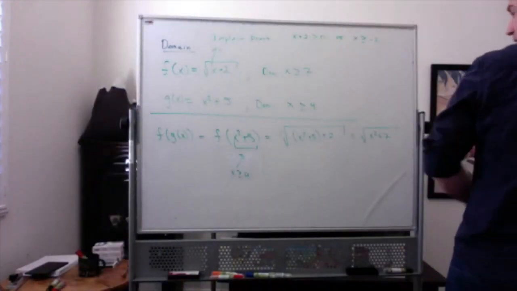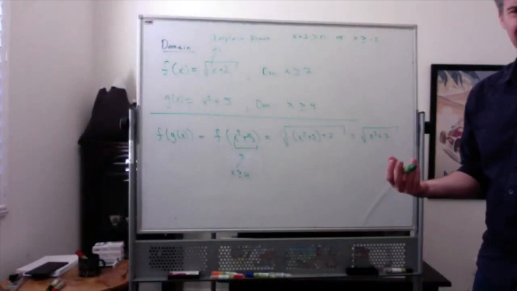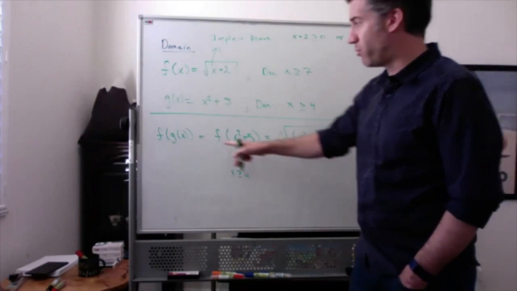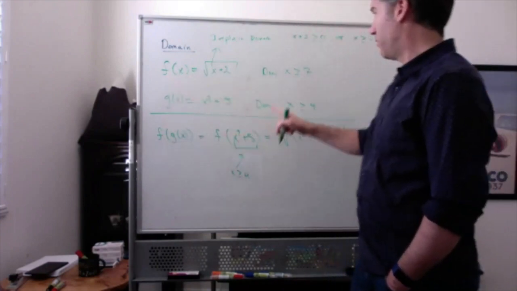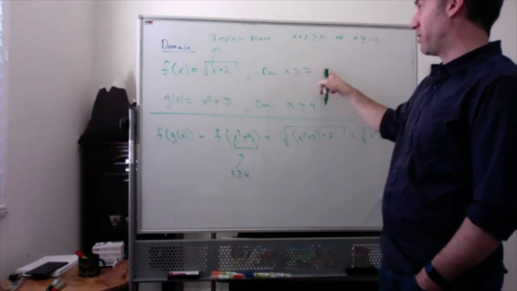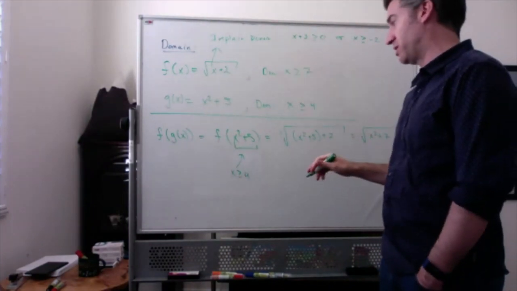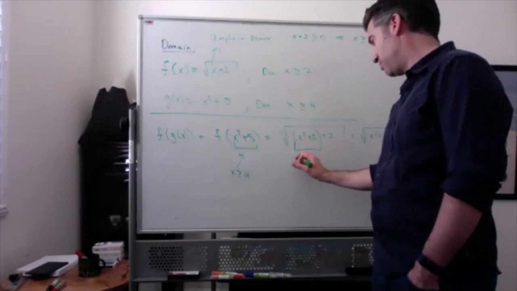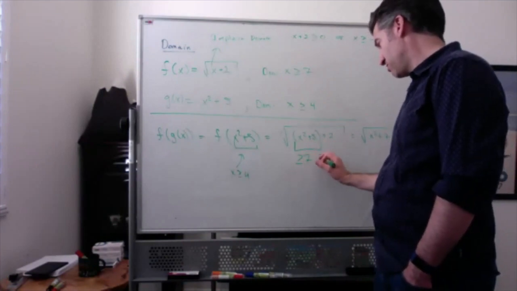So then, the other thing we have to check, and I know it seems kind of strange, is the thing that we're putting into f, right? f has a domain where the input has to be greater than or equal to 7. So let me ask you guys, is this greater than or equal to 7?